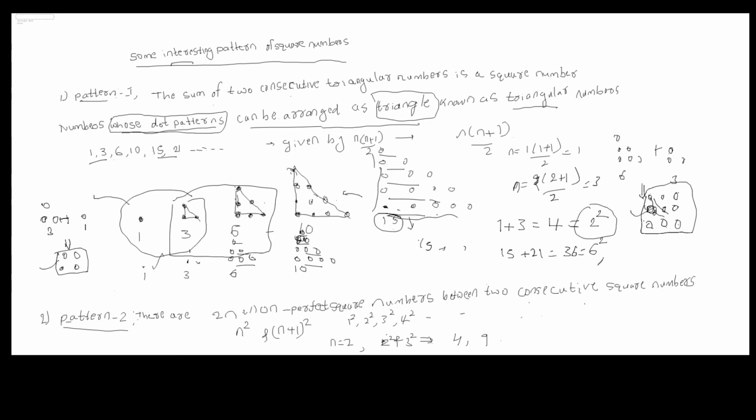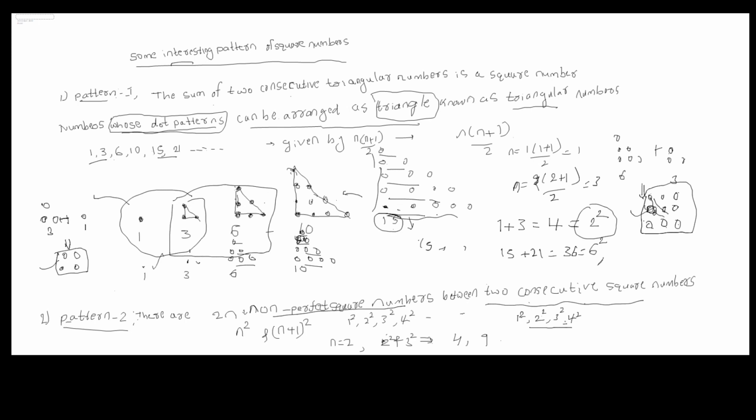The next interesting property is there are 2n non-perfect square numbers between two consecutive square numbers. Consecutive square numbers, I will tell you. 1 square, 2 square, 3 square, 4 square. These you can easily write.